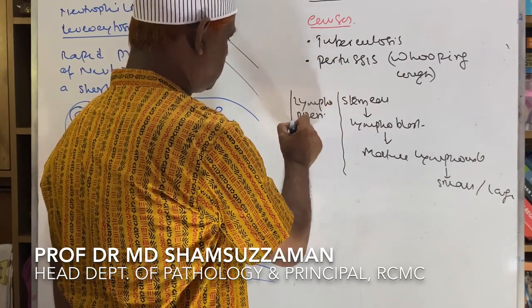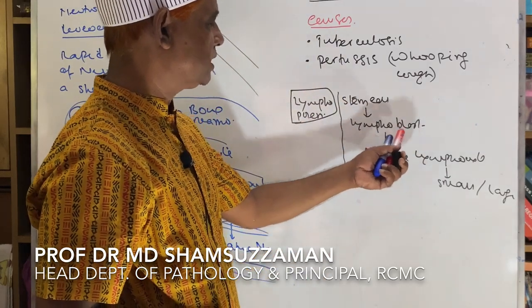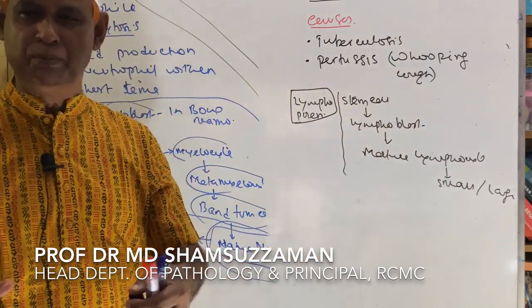This is lymphopoiesis. So during lymphopoiesis we get mature lymphocytes from lymphoblast, and these mature lymphocytes come in blood.